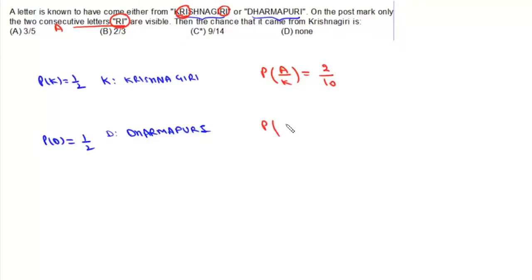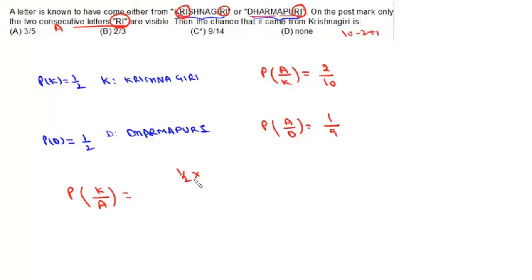Then the same way, if we look at RI in Dharmapuri, here we have 10 letters, so it will be 10 minus 2 plus 1, which is 9. And from these 9, the favorable case is only 1, so it will be 1 by 9. Now it's a Bayes theorem question. We know that the letters RI are visible, so we take the Krishnagiri case in the numerator.